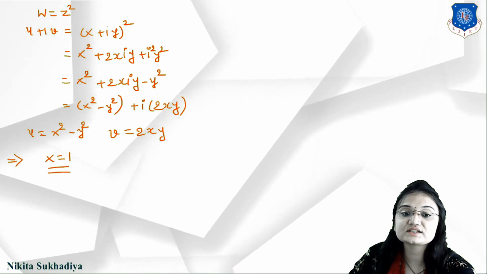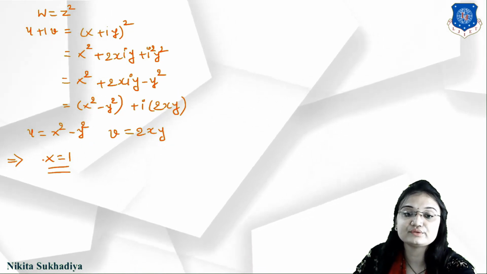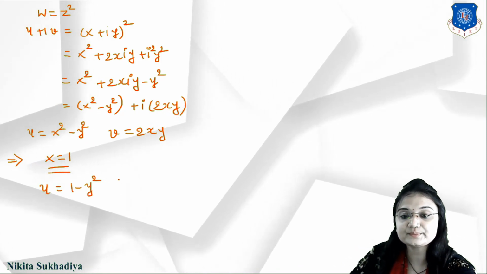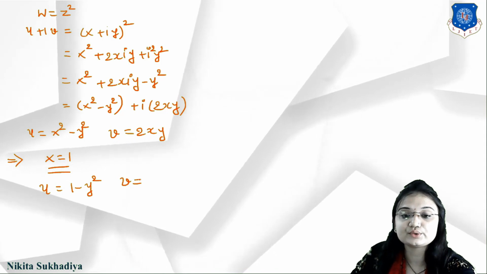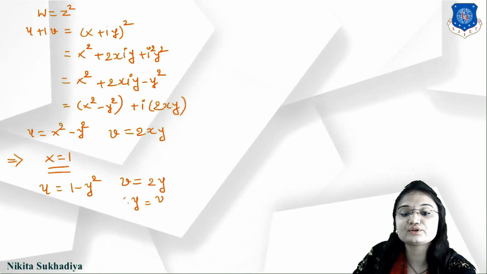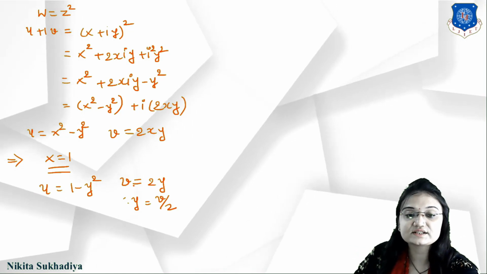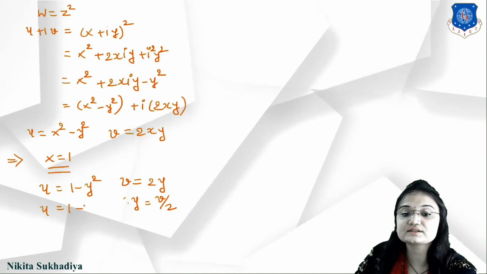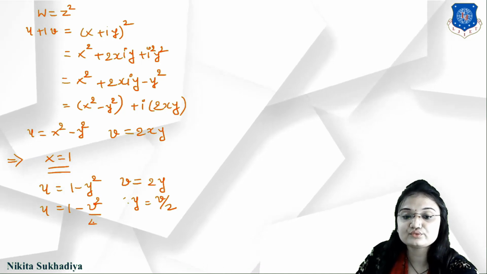Now, the first line is x is equal to 1. Put x is equal to 1 in U and V, so we get U is equal to 1 minus y squared and V is equal to 2y. So y is equal to V by 2. Putting this in, we get U is equal to 1 minus V squared by 4.